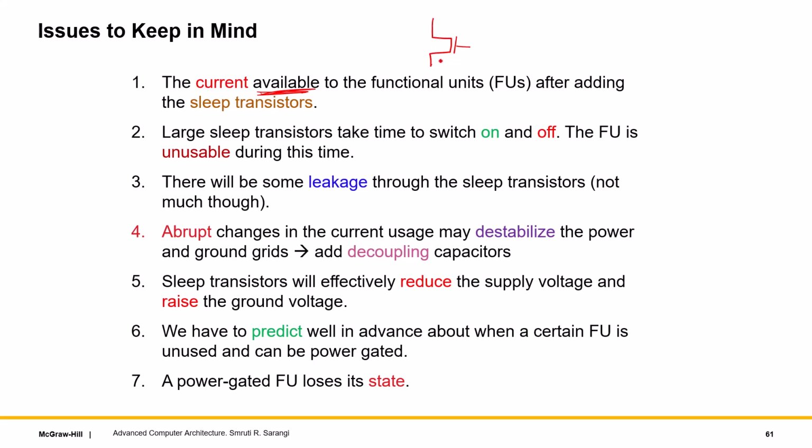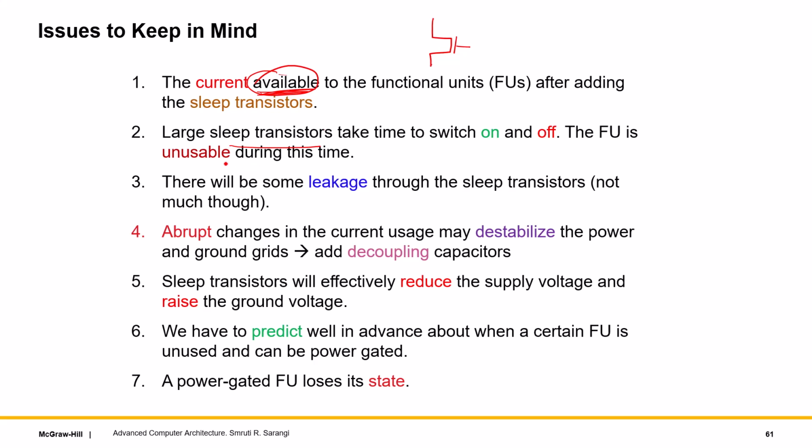So the current and voltage, etc., should not reduce. So you have to look at what current is still available to the functional unit. It should roughly be as it was with a direct connection, right? So this transistor has to be really wide. The sleep transistors themselves can take time to switch on and off because they are large transistors. They would have large capacitances associated with them.